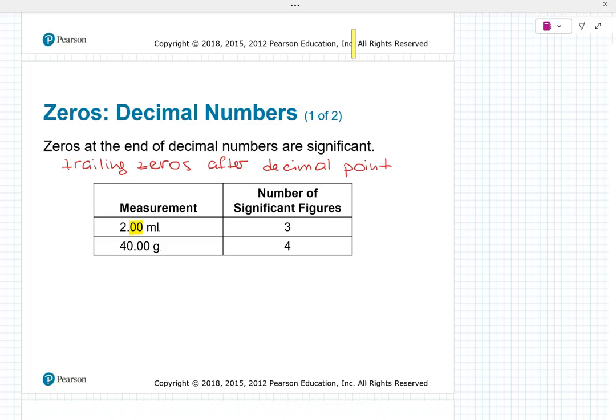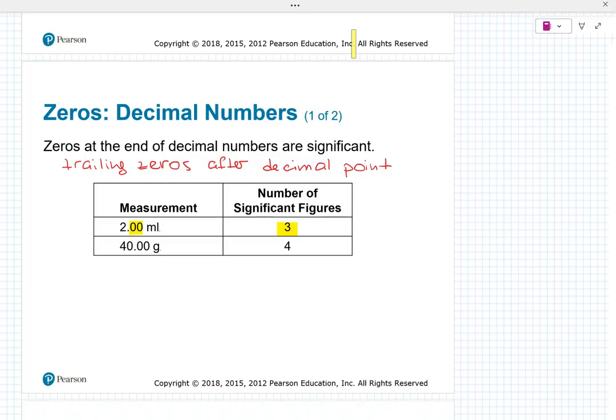Number 2, is it significant or not? Yeah, because it's not a 0. So 2 is significant. Those 2 zeros are significant as well. It means that this measurement has 3 significant figures. Sounds good?